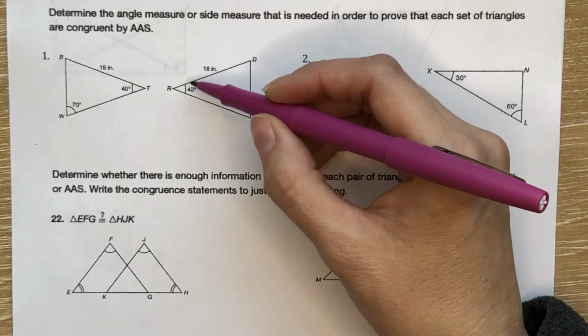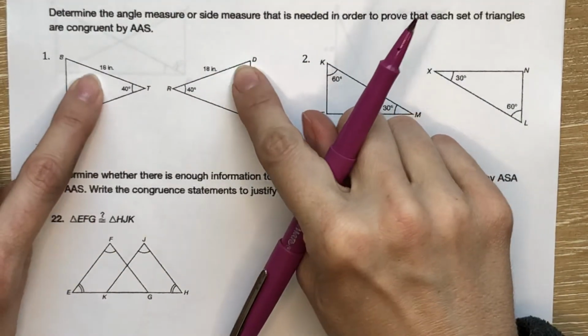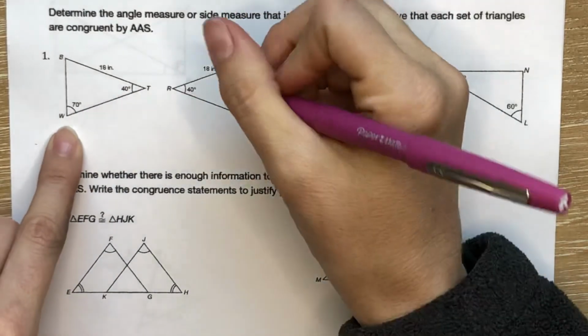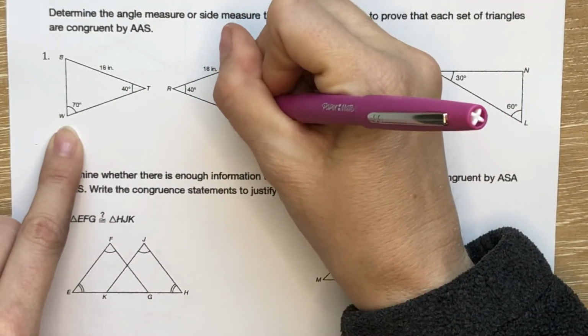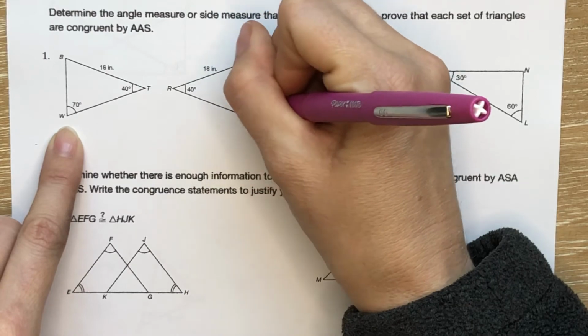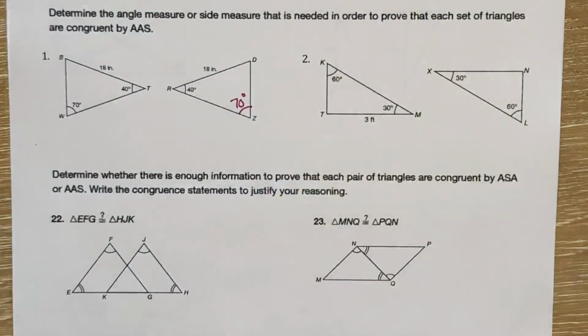So we have this side, this angle, so we need these angles to be congruent. So I'm going to write in 70 degrees here. We need to know that to show that those two triangles are congruent by angle, angle, side.